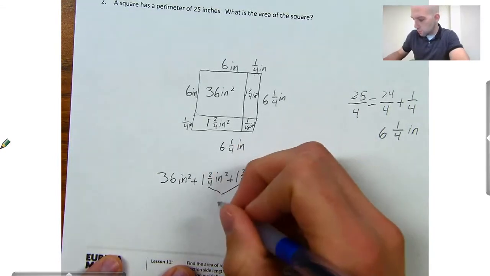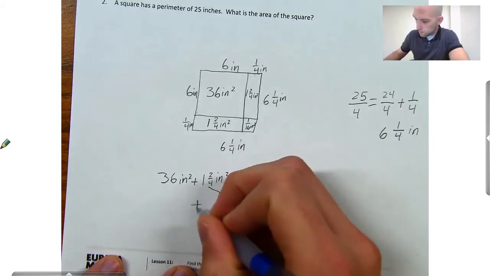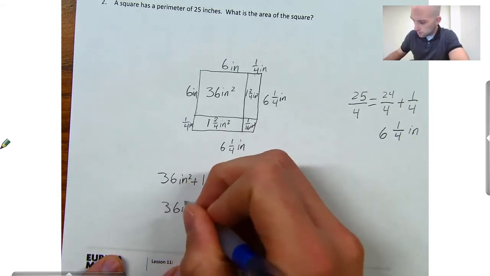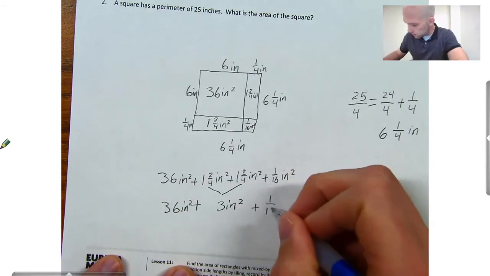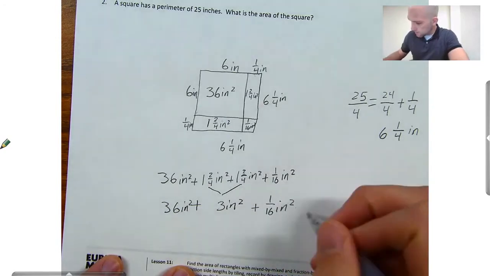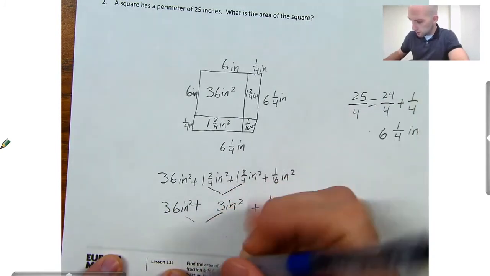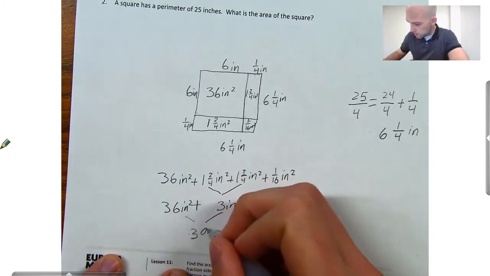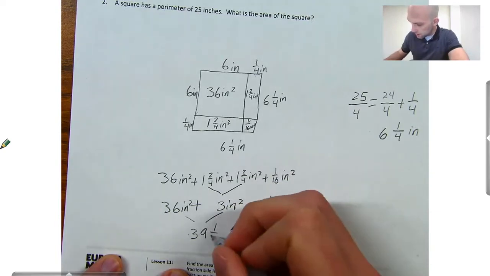Well, that's going to give me 3 square inches plus 36 square inches plus 1/16 of a square inch. 36 plus 3 is 39. And I'm going to add my 1/16.